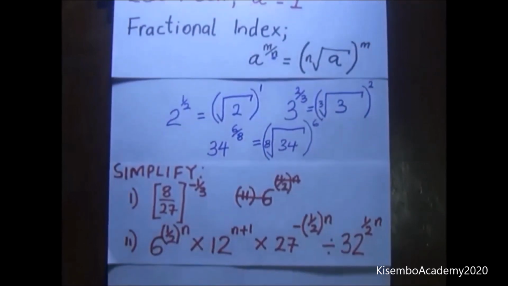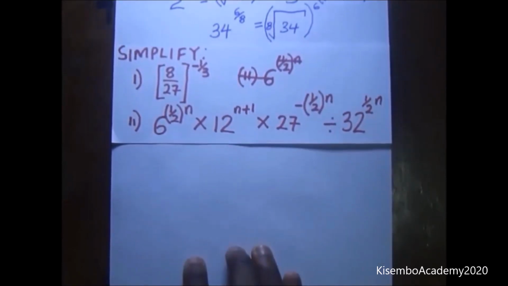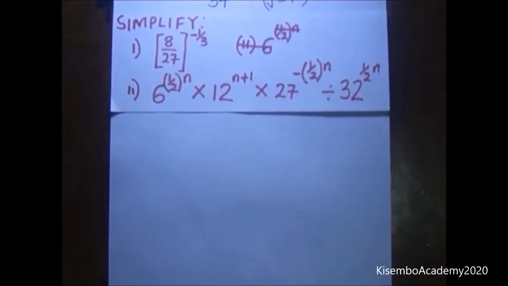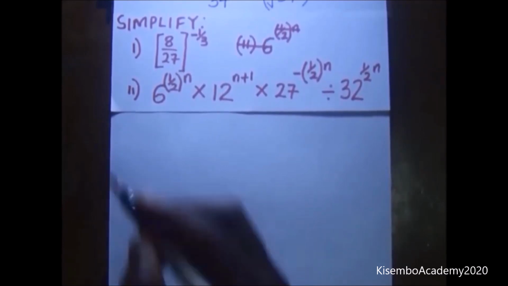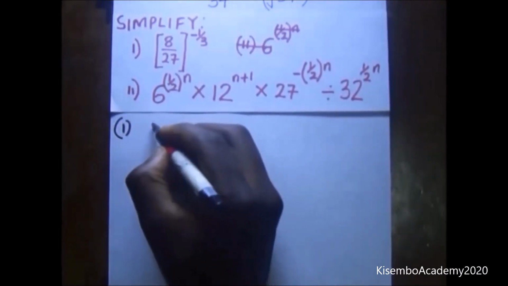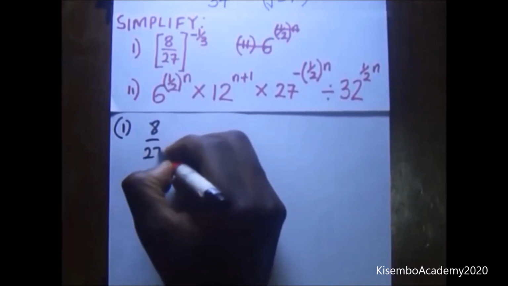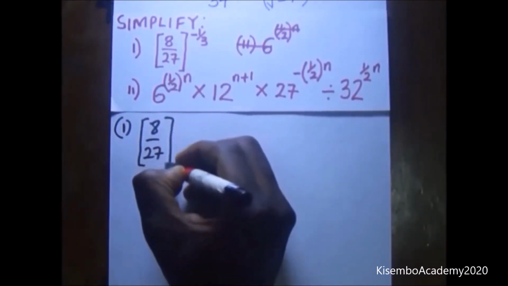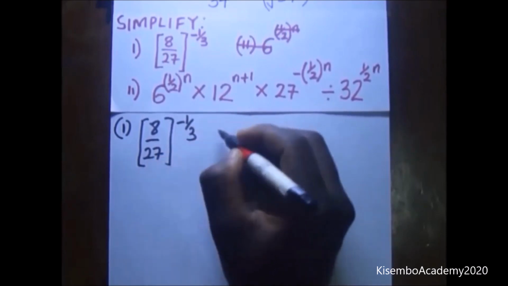Our first example: simplify (8 over 27), all that is to the power negative a third.